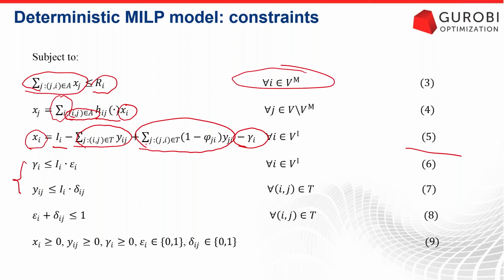Constraints 6 and 7 are the so-called big M formulation to track whether a resource i is idle and whether a cross-training happens. Constraint 8 models a business rule that a typical firm may have to restrict cross-training and idle workforce, so you cannot have a role being idle and also being cross-trained at the same time.